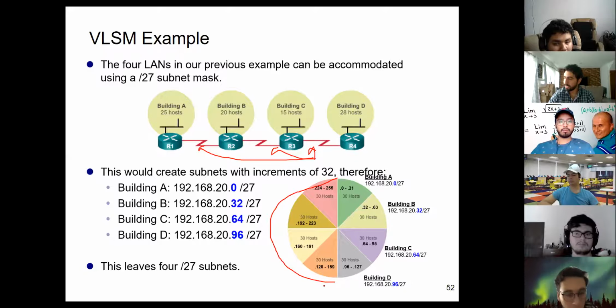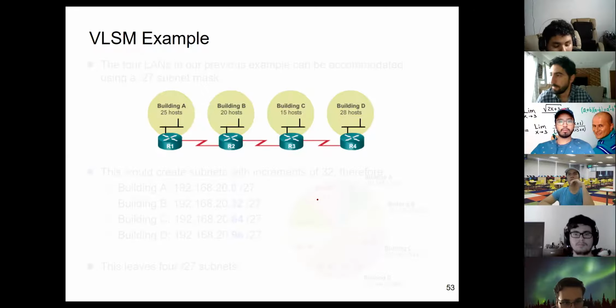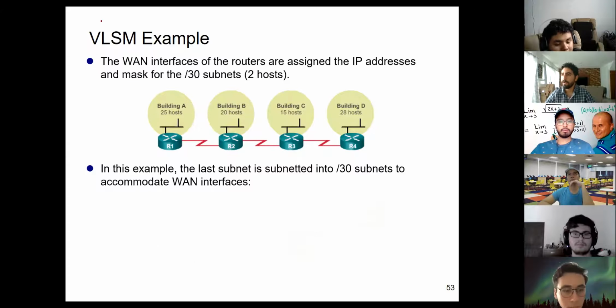If you assign these to the three connections, then you are only left with one subnet of 30 hosts. You remember the WAN interfaces of the routers are assigned IP addresses. If you assign this subnet mask to the WAN connection, the addresses are just enough, right?